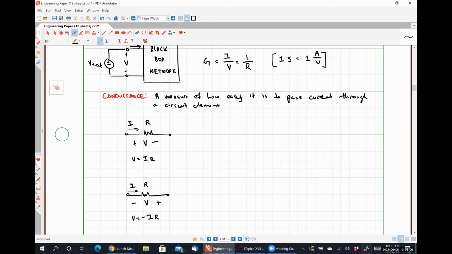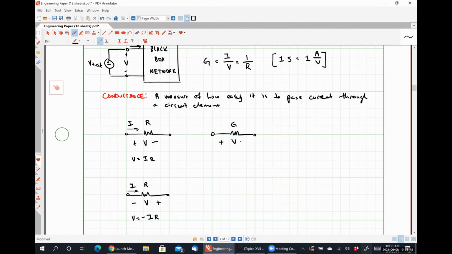Now, let's show you the symbol for conductance. It is literally the exact same symbol, but it would have a magnitude of some number measured in Siemens. That is the only way you can tell a conductance from a resistance in a circuit diagram, if it's listed as being 14 Siemens as opposed to some number of ohms. It obeys the exact same principles.